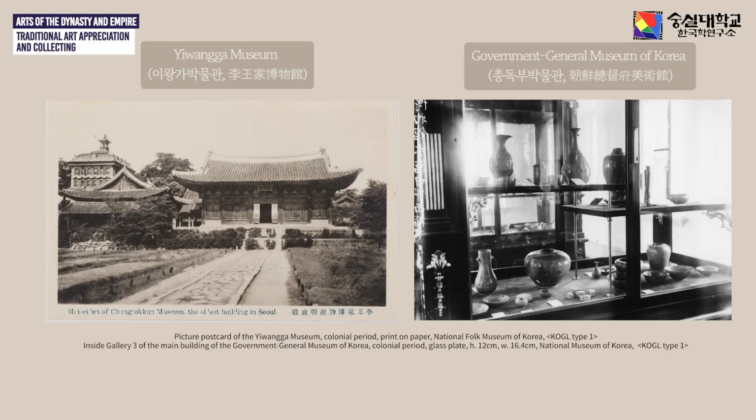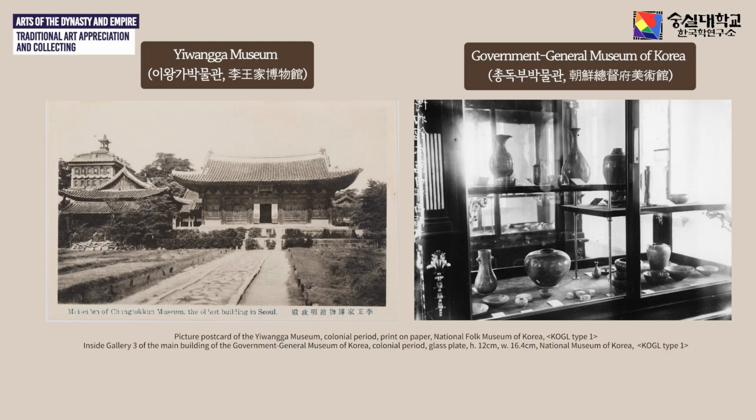In Seoul, the establishment of institutions like the Prince E Household Museum in 1908 and the Government General Museum of Korea in 1915, now the National Museum of Korea, marked a shift towards institutionalized collecting and exhibition practices.